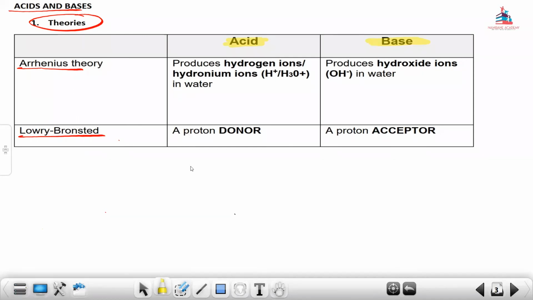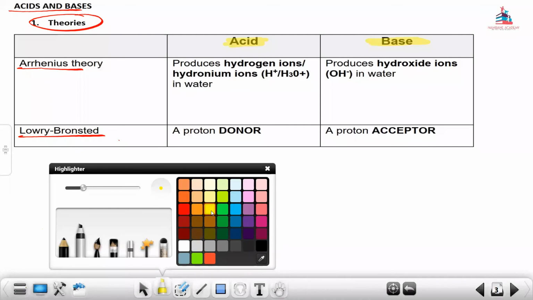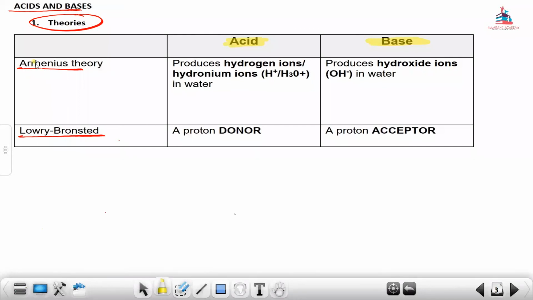Going back to the lesson, as I was saying, two or three scientists came up with theories explaining exactly what is an acid as well as what is a base.